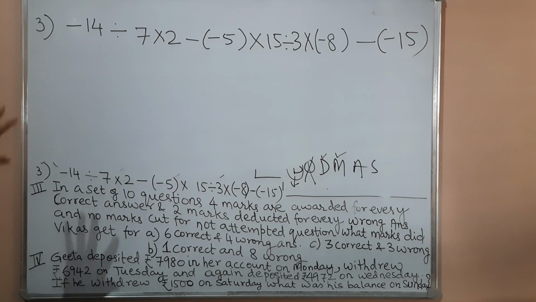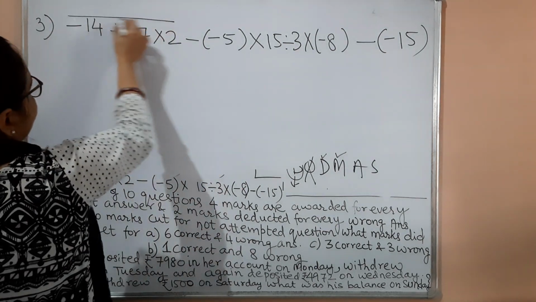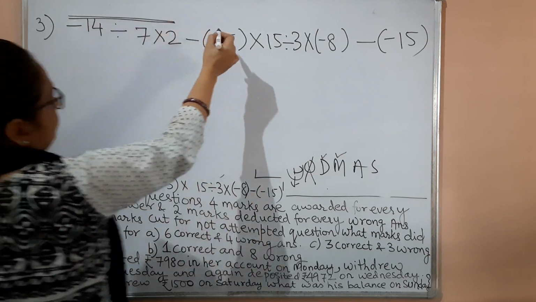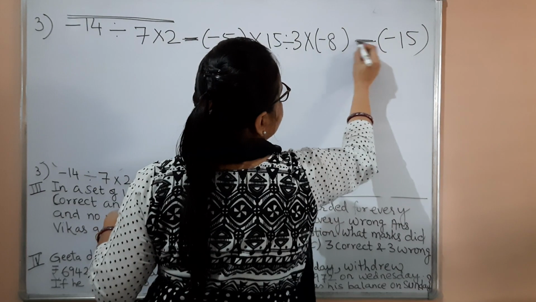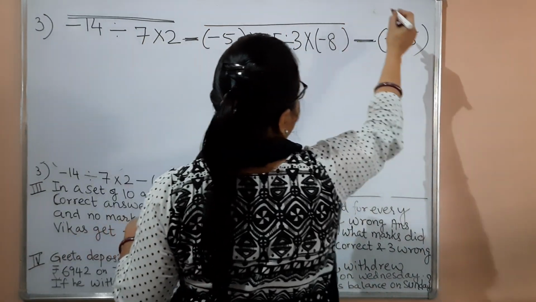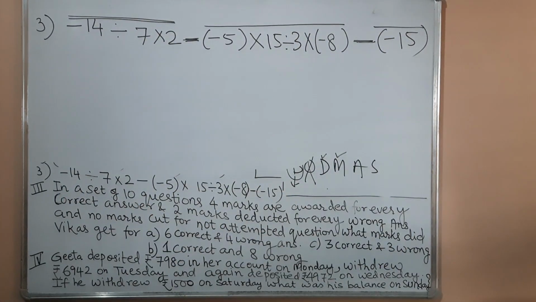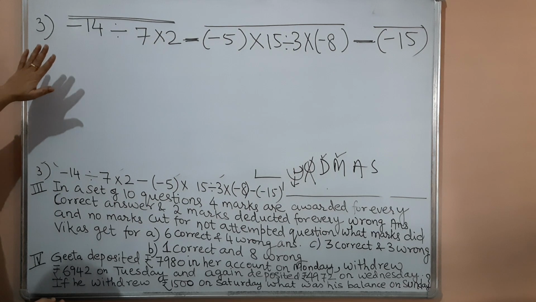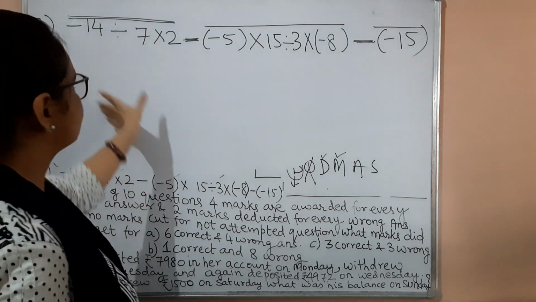Our first work is to divide this big question into smaller parts. We have a minus sign here and we have a minus sign; minus or plus sign divides your big question into parts. So we have three parts that we have to understand, and now we have to very slowly solve each part.